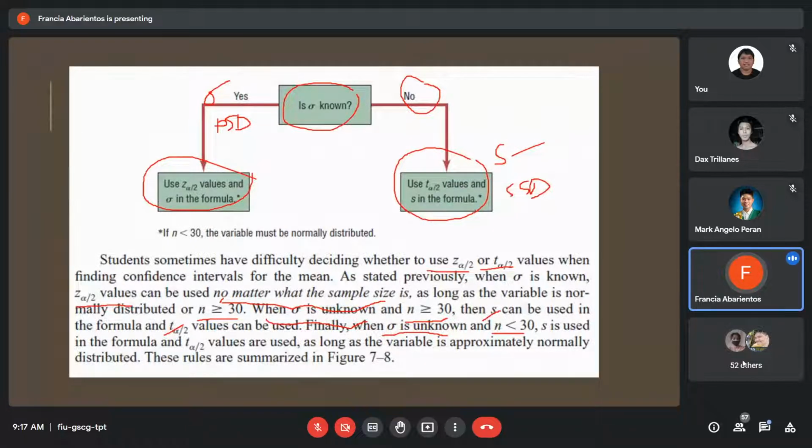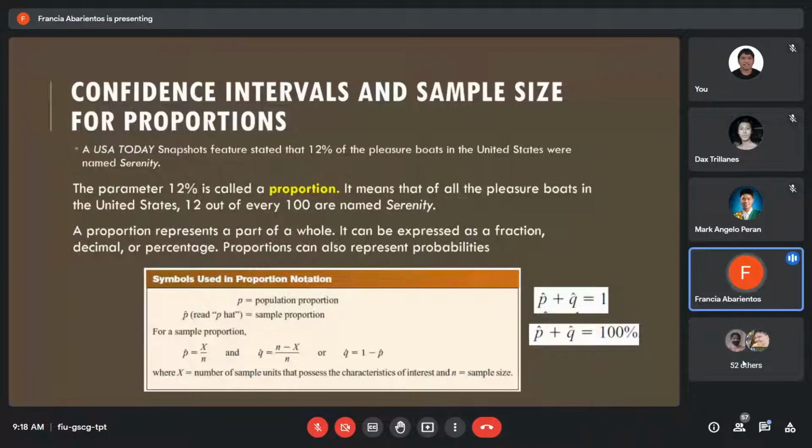Pag sa t-test class, you make use of the t-test, so the sample mean minus the t-test value at a given alpha divided by 2 times the sample standard deviation over the square root of n. Okay? Yun po yung gagamitin natin. So ito class, madali-dali na.